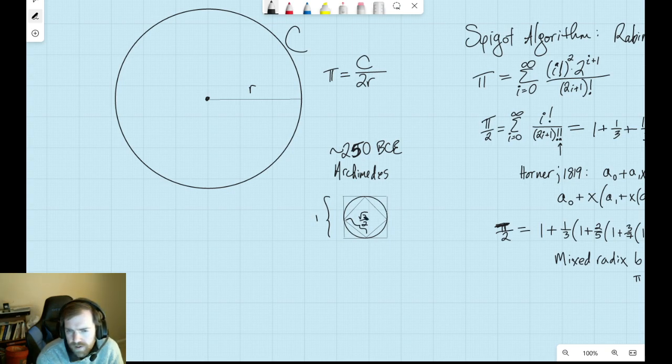Okay, so then this allows us to say our radius is known at this point to just be 1. Then he was able to get a rough estimate for the circumference of the circle.